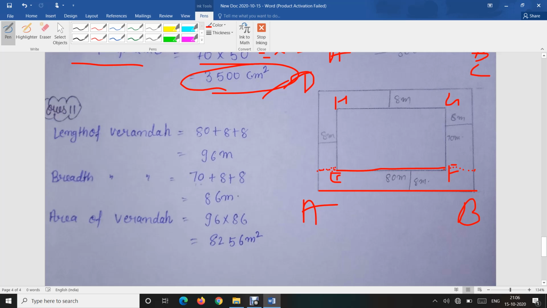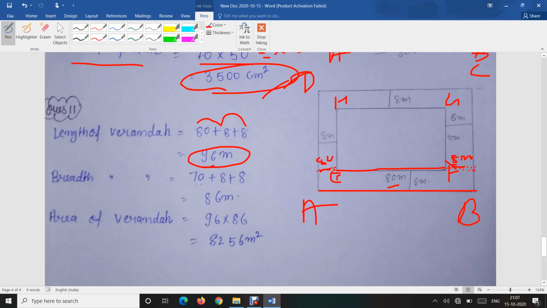The length of each portion is 8 meter. So you have to add this 8 and this 8 to 80. So the length of the veranda is 80 plus 8 plus 8, which gives 96 meter.